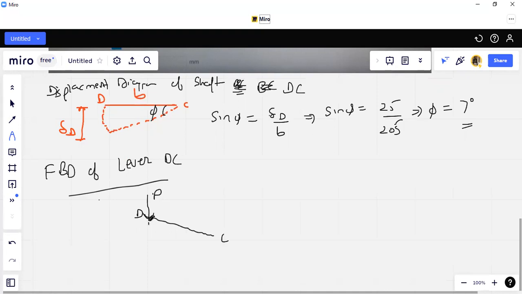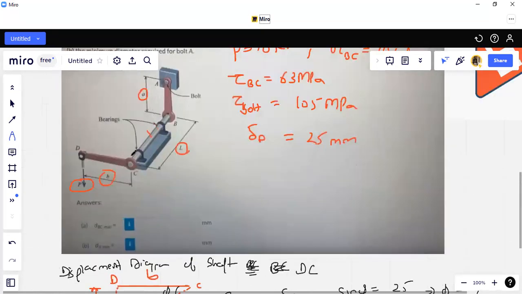The cause of torque will be due to this. Torque is force into perpendicular distance, right?